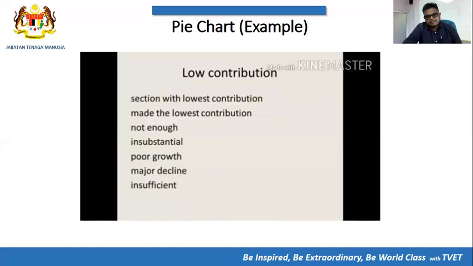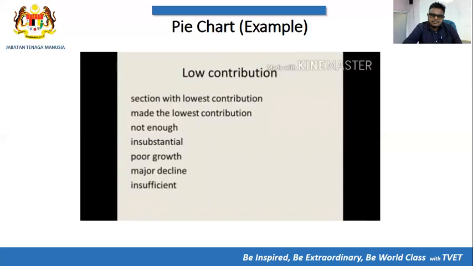Now here you can also use the vocabulary words I have given you in the given paragraph. If you're talking about the low contributing sectors, you can use vocabulary words like not enough, insubstantial, poor growth, major decline, insufficient. For the lowest sectors, you can use these vocabulary words, which will help you complete your paragraph.